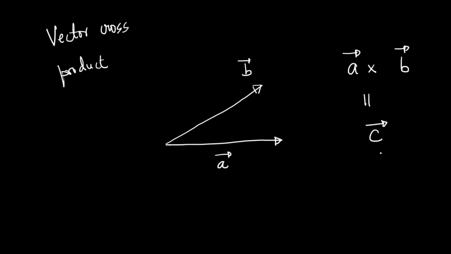Okay, and how do I get C? Now it's a vector, so I need to first tell you two things. One, I need to tell you its magnitude, and the other thing, I need to tell you the direction.